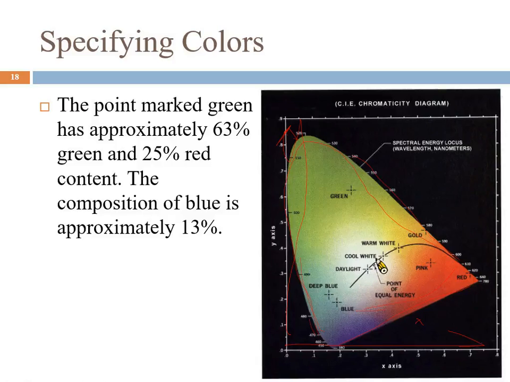For example, the white color can be specified as X equal to more than 0.35, and Y specified as around 0.4, and so on. Okay, so this is how we define the white color.